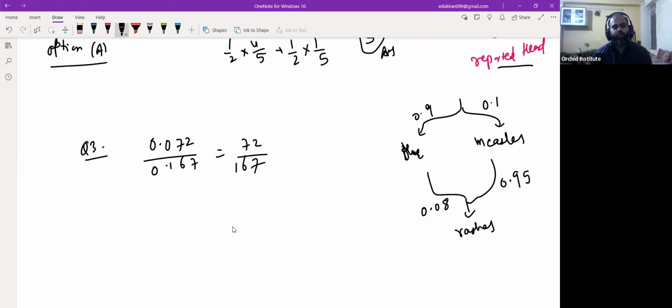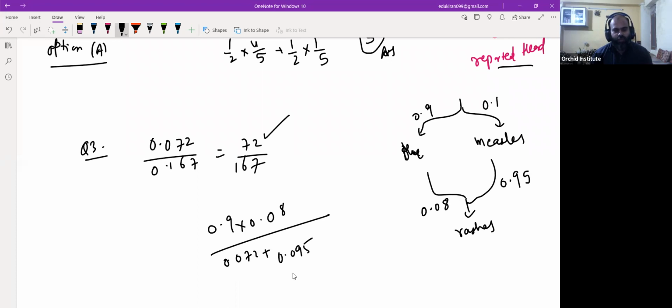So 0.9 into 0.08, and here it will be numerator, you are getting correct. It will become 0.072. Fine. And denominator, you will get 0.072 plus 0.095. So that would become 0.167. Yeah, fine, correct.